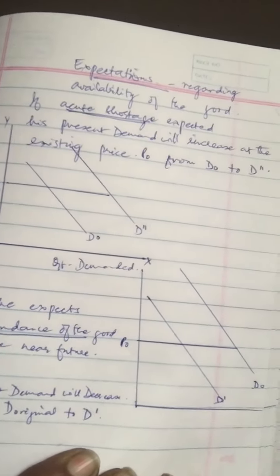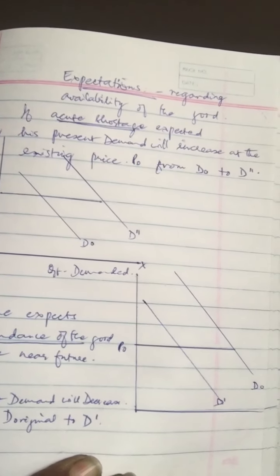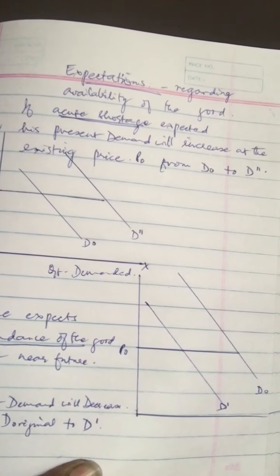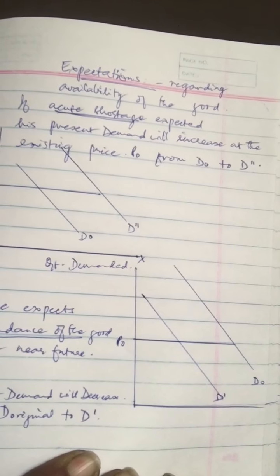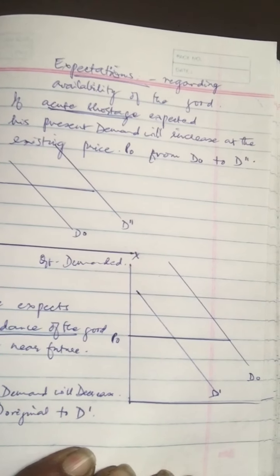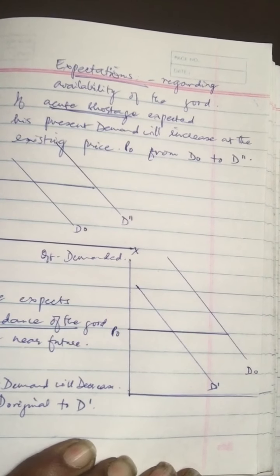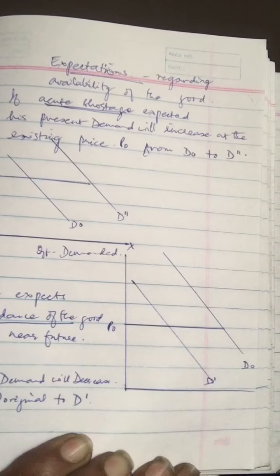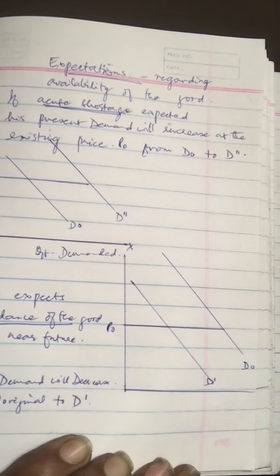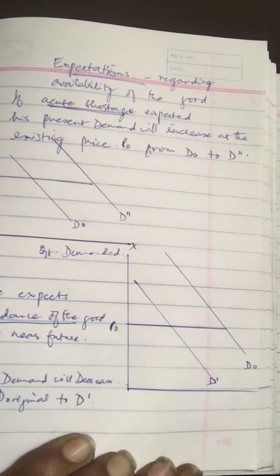In the expectations, for example, suppose the consumer expects a huge shortage of a commodity in the near future, so his present demand for the commodity will rise even at the existing price.